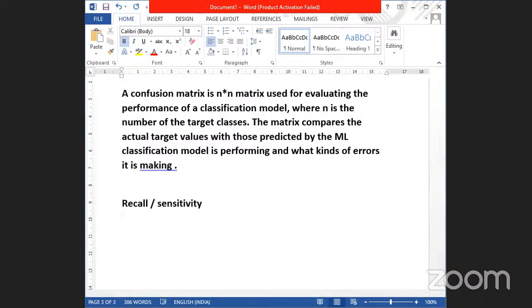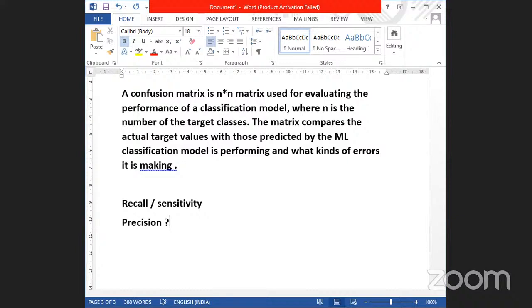And what is precision? Yeah, like Gopi is saying, recall measures how well the model correctly predicts true positive classes.